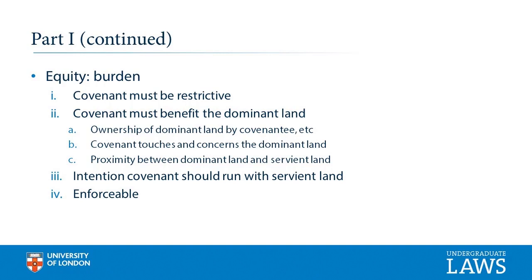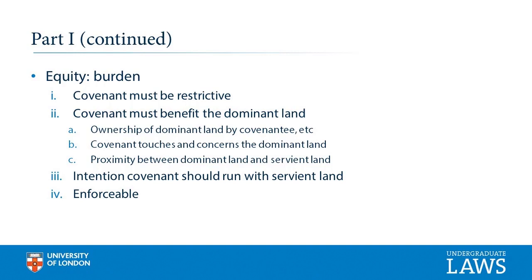Since this condition is based on the intention of the covenanting parties, the first place to look for their intention is the instrument which contains the covenant. In many cases, the covenanting parties expressly manifest the relevant intention, where, for example, the covenantor covenants on behalf of himself and on behalf of his successors in title.